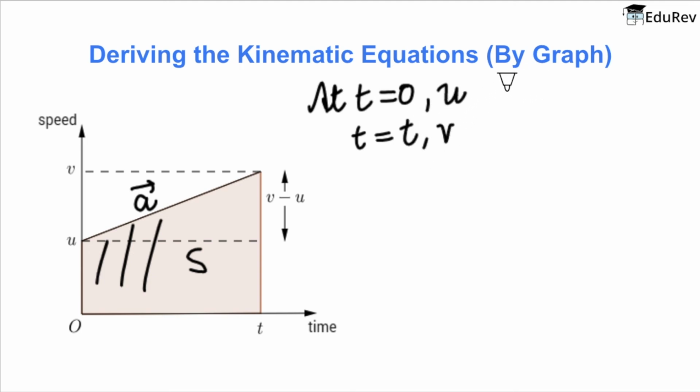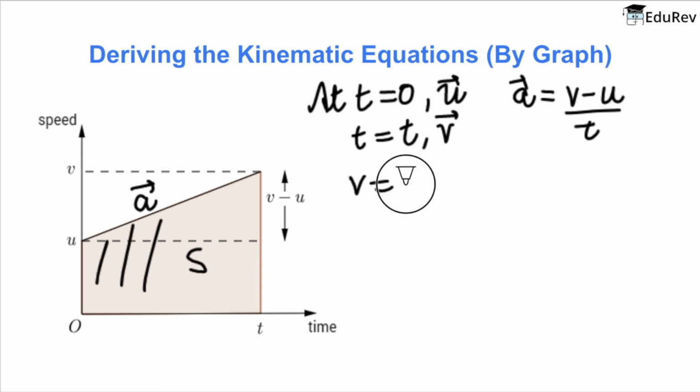So if you find the acceleration from this, acceleration is nothing but the difference in the velocities, that is v minus u, divided by the total time for which the change happens, that is t. So we can derive our first equation, v is equal to u plus at. Okay, so we have derived the first one and there are 2 more to go now.